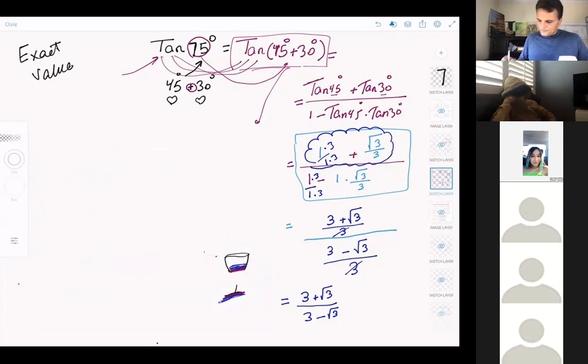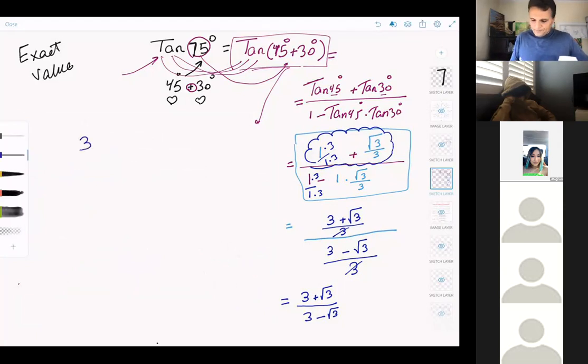You have 3 plus root 3 over 3 minus root 3. You are at the level to decide, should we leave it like this or are we able to simplify? Elizabeth said, cancel this 3.